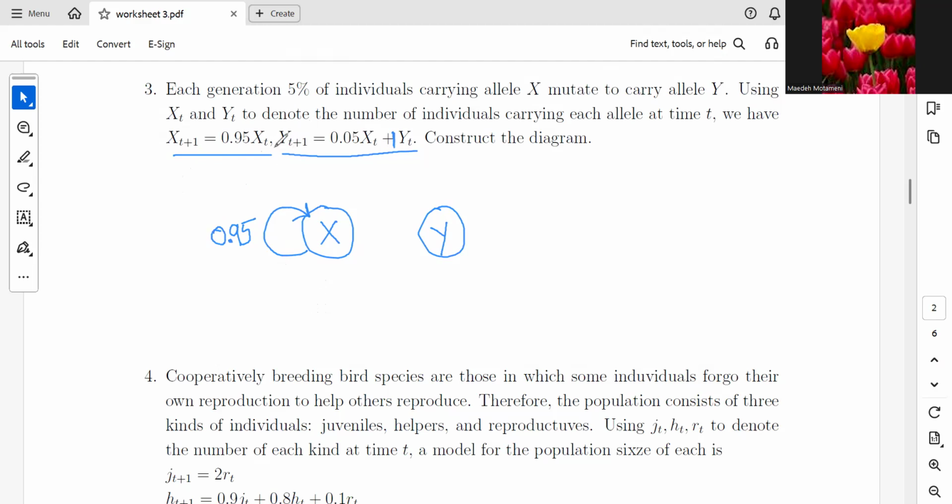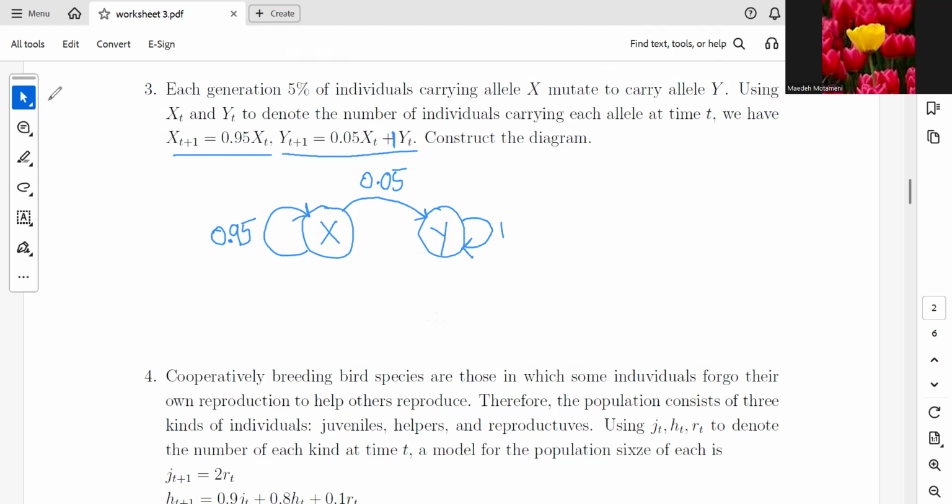And how we can find y sub t plus 1, the next step in time? That would be a combination from x multiplied by 0.05 and the previous step of y itself with the value 1.